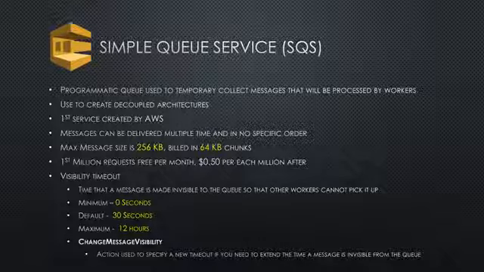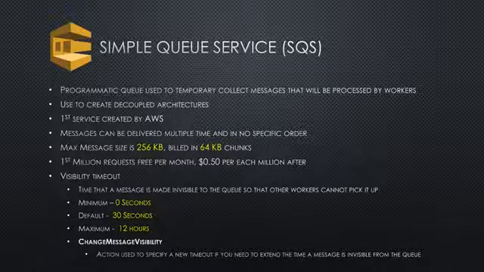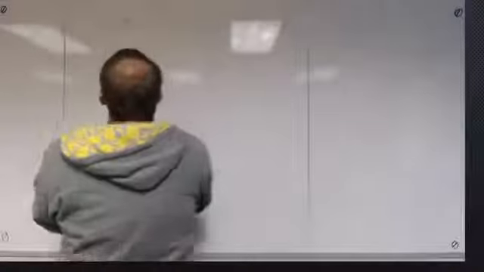Pay attention to the different timeouts and different times that you can have with these features. So visibility timeout. This is the time that a message is made invisible to the queue so that other workers cannot pick it up. Actually, let me draw one real quick. Switch over to the camera. A queue. We're just going to explain this.